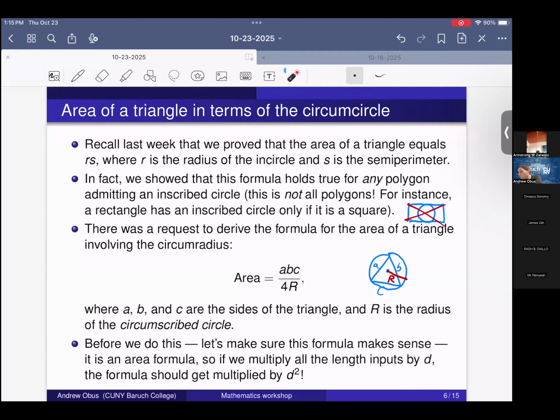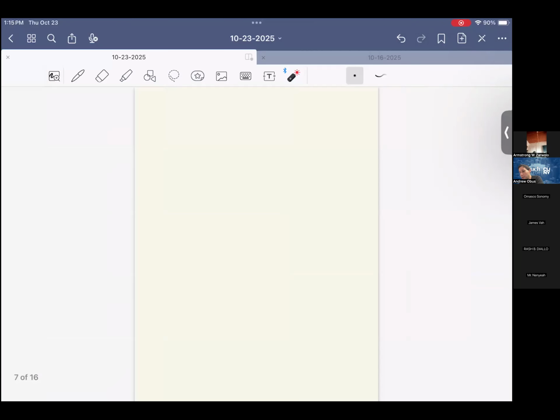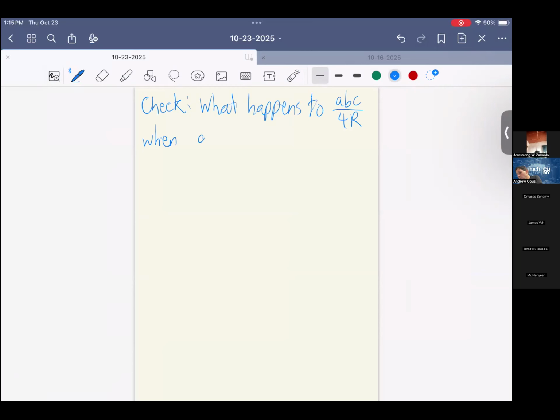So let's see what happens when we multiply them all by D. I'm going to add this on a new page. So check what happens to ABC over 4R when we multiply everything by D. A goes to DA, B goes to DB, C goes to DC, and R goes to DR. Well, what do we get?